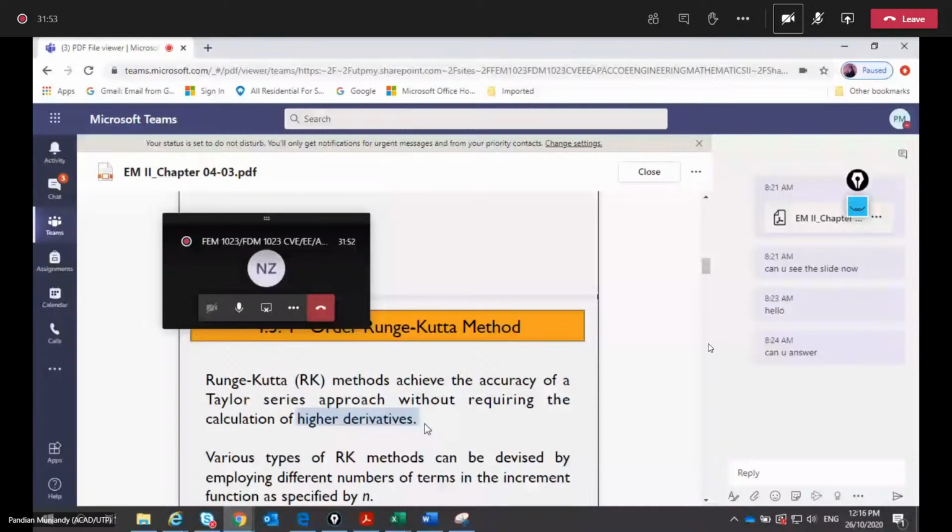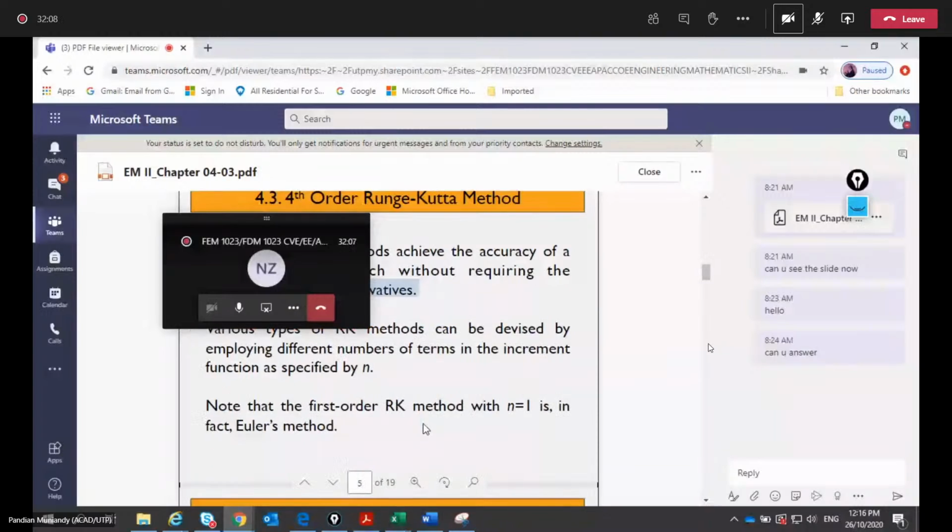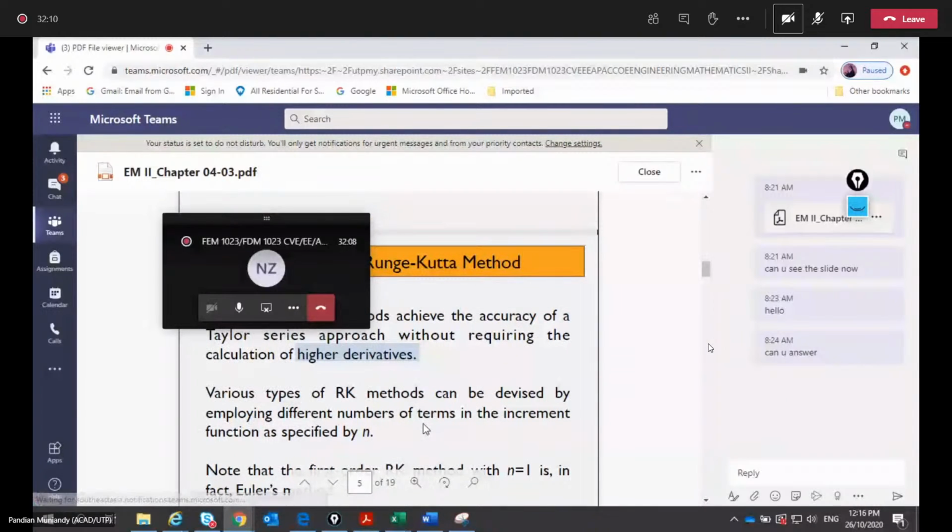It just uses the iteration method and the differential equation dy/dx = f(x,y). You will see the formula later. The formula is a little bit lengthier, but since you have a calculator, you can use it to the maximum and solve the problem.